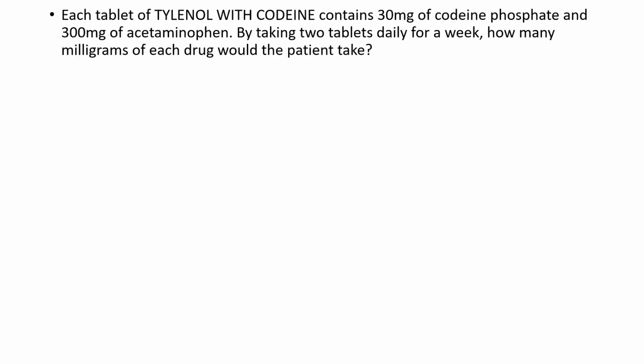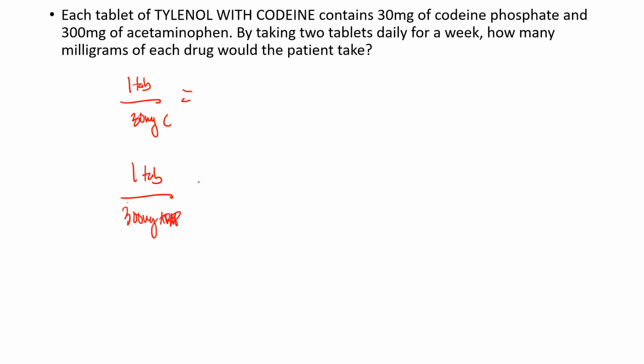So each tablet of Tylenol with codeine contains 30 milligrams of codeine phosphate and 300 milligrams of acetaminophen. By taking 2 tablets daily, how many milligrams of each drug would the patient take? So each tablet contains 30 milligrams, that is 1 tab per 30 milligrams of codeine. And also 1 tab contains 300 milligrams of paracetamol or APAP.